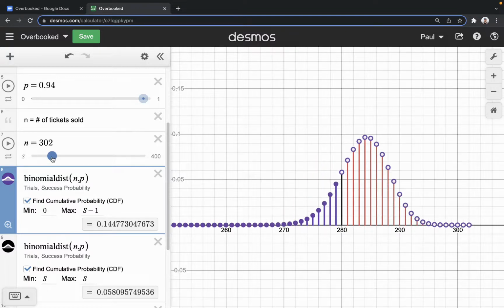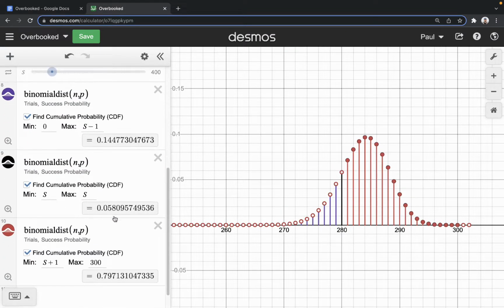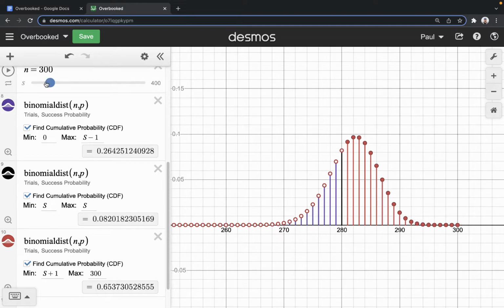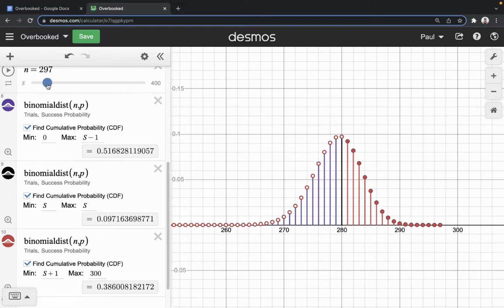The problem is, there's another caveat. We don't want the probability of not enough seats to go over 35%. So here purple's pretty small, but red is too big. I need to dial it back. Now I'm down at about 48%. Next one down is 39%.